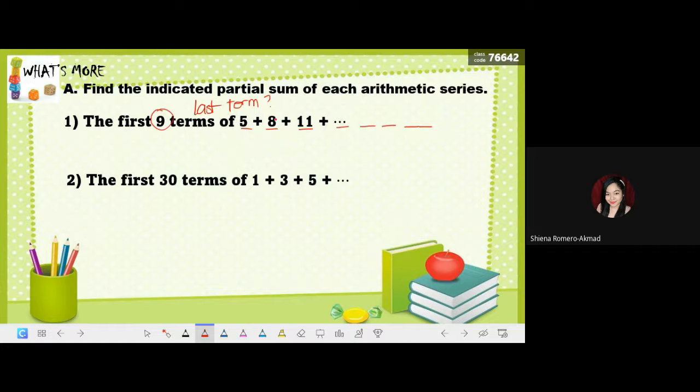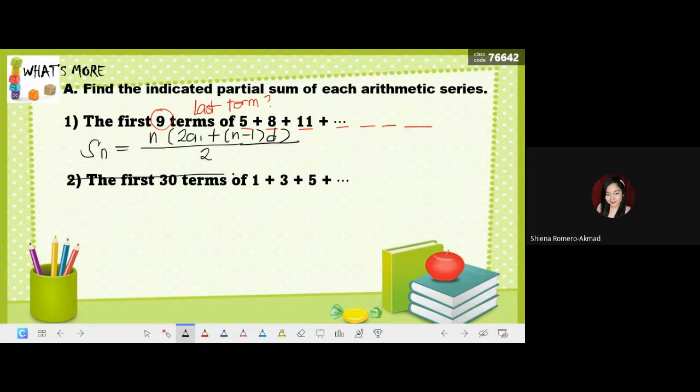May last term ba? Sasagutin niyo lang ako if meron o wala. Wala pong last term, correct. So, ano yung formula na gagamitin kapag walang last term? Ang formula na gagamitin natin is S sub n equals n times 2a sub 1 plus n minus 1 times b divided by 2.